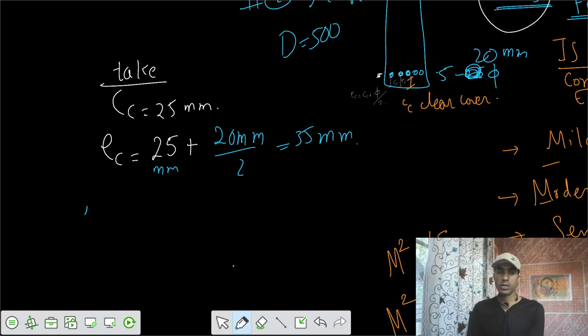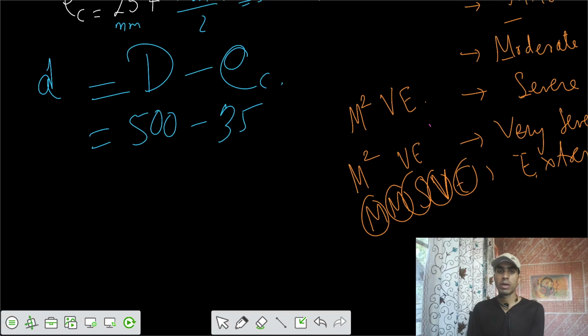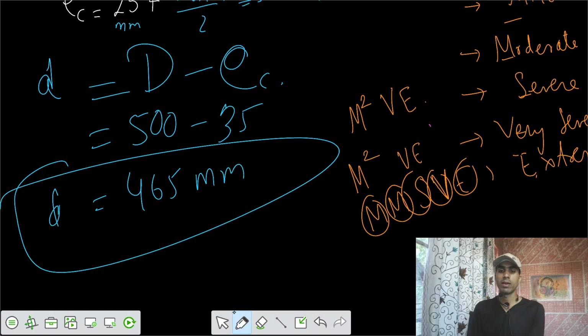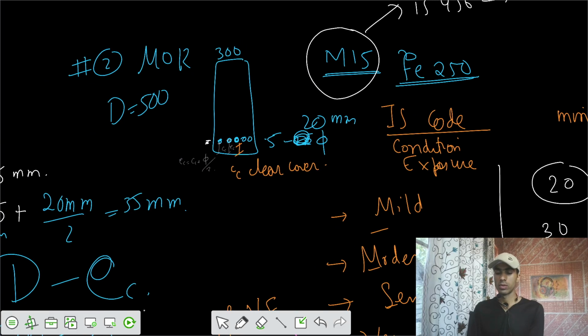From that you can get the effective depth, which is D minus effective cover. The total depth given to you was 500, you subtract 35, and finally you get 465 as the effective depth. Let's take that value 465 and solve the problem now.